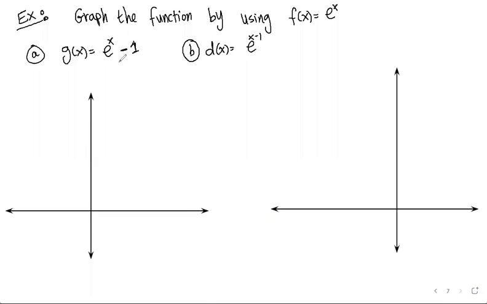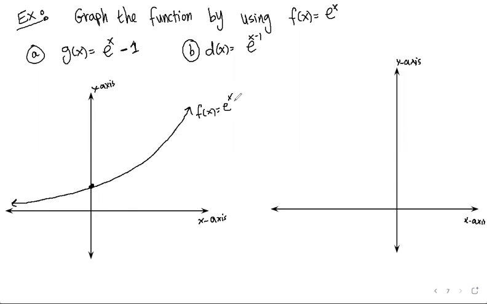For this one, e to the x minus 1, what does that mean? It means I have to graph the original function, then shift it 1 unit down because the minus is outside. So this is the original graph, f of x equal e to the x.